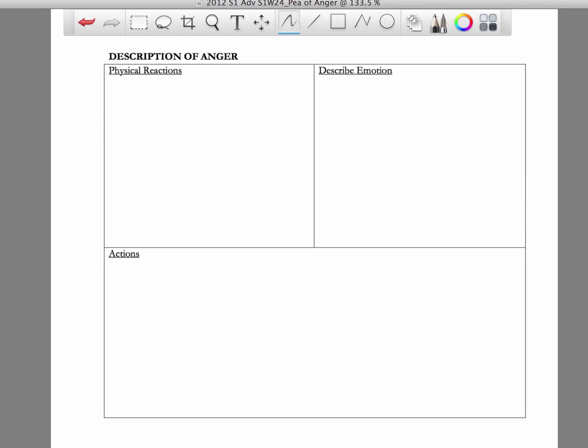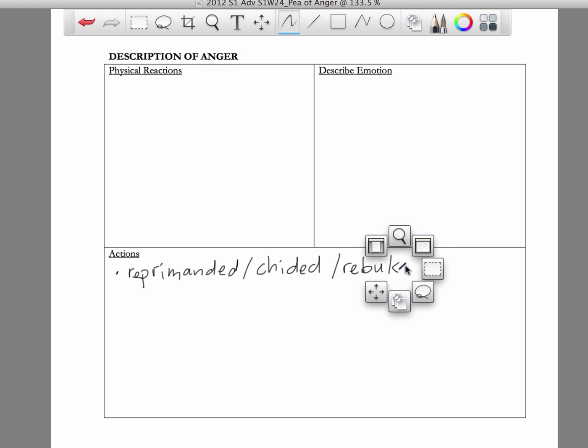Okay, then if mom is so angry, what action could she take? She could actually scold Sam in public, and there are many ways to say scold. Okay, you could use the word reprimand. She reprimanded Sam immediately, or you could use the word chided. Or the word rebuke also means scold. Okay.